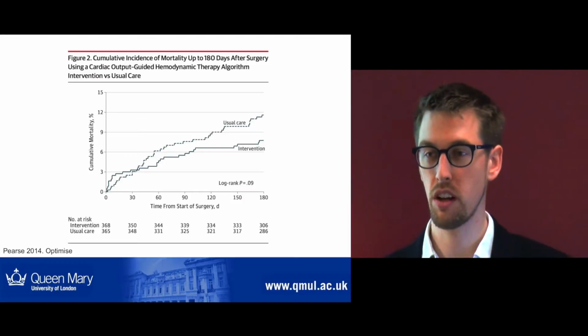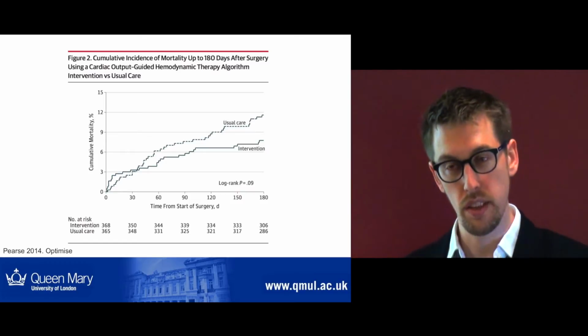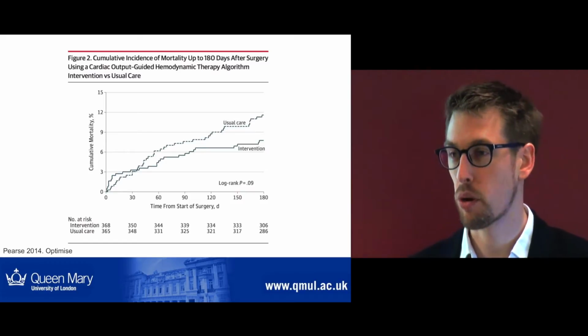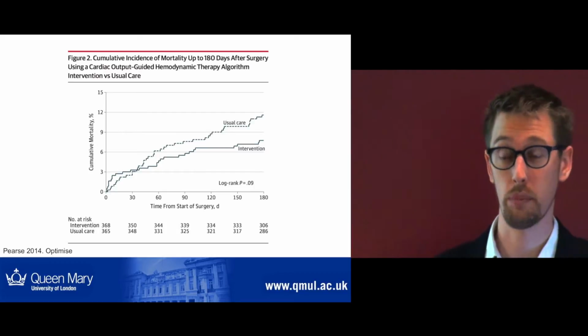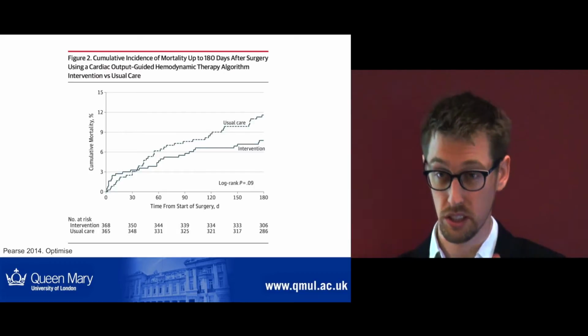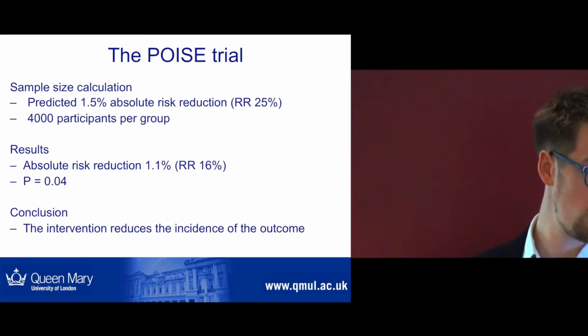If you look further out to 180 days, so half a year from surgery, you see there is a divergence between usual care and intervention, but their prospectively defined primary outcome was at 30 days. And this trial is actually quite commendable because they didn't change their outcome measure, they stuck with 30 days, which is quite important, as we've discussed.